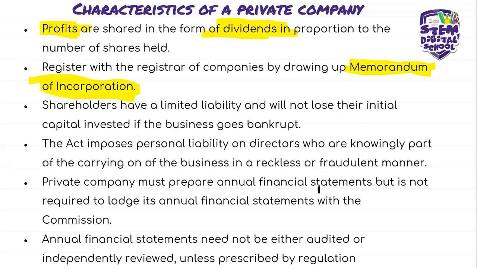A private company must prepare annual financial statements. Must. Here it's a must. Must prepare the annual financial statements and they must be audited too. Why is this important, guys? Because we know that the majority of the private and public companies are listed on the JSE. So it's very important to prepare annual financial statements, but it's not required to lodge its financial statements with the commission.